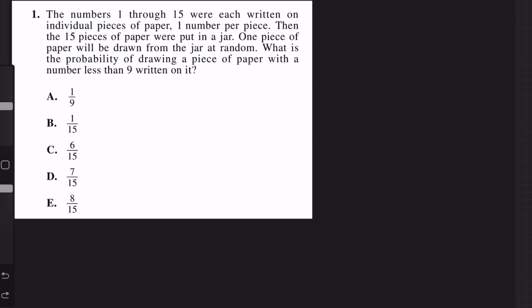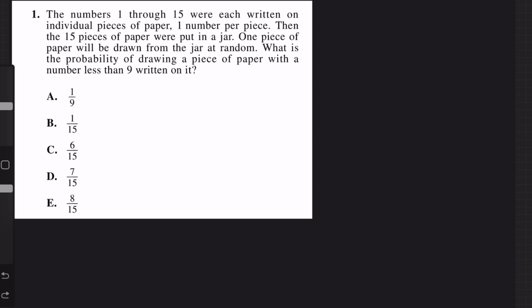So the question is saying that on different pieces of paper, numbers were written from 1 to 15, each number on its own paper, and then these pieces of paper were put in a jar. Then one is drawn randomly, and by randomly it means that people don't know what number they are about to draw.